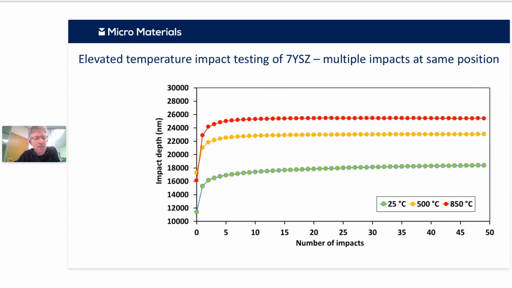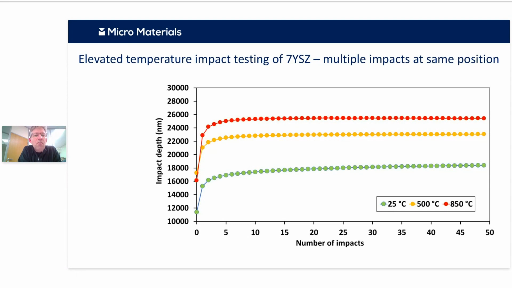But actually, if you focus on the amount of damage, then after the first impact it's not so different. So there's a softening and difference initially, but if you focus on the damage tolerance afterwards, that red curve essentially, the change in slope after that is, if anything, slightly less than it is at room temperature. And this sort of thing does correlate fairly well with what you see at room temperature for 7YSZ, for high temperature erosion tests.